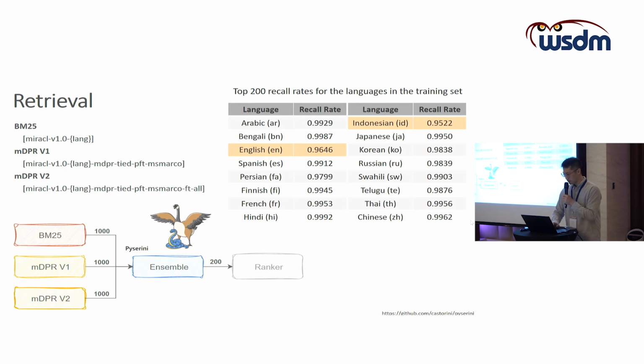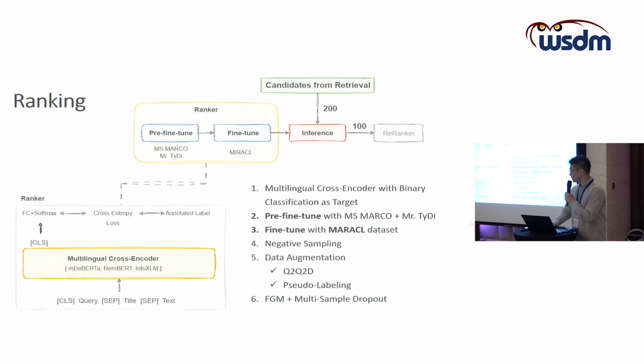Therefore, we believe that the top 200 retrieved candidates from the ensemble result are sufficient for the next stage of ranking. So we haven't done any new model building for the retrieval stage, and just use the pre-built indexes from Pyserini. And this is our ranking framework.